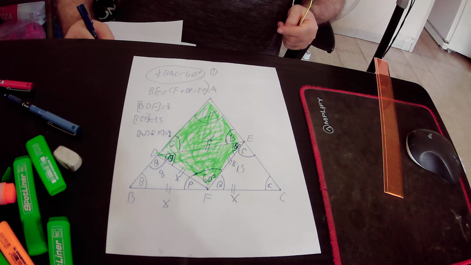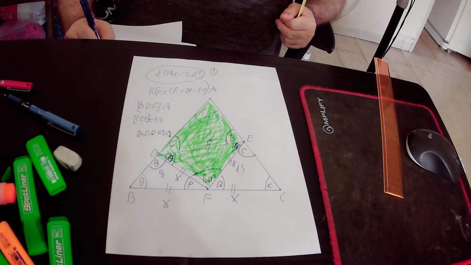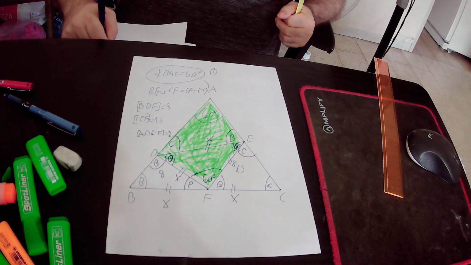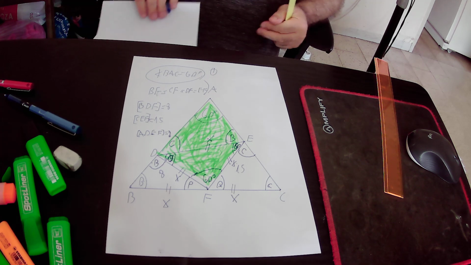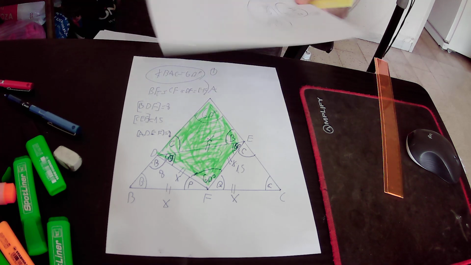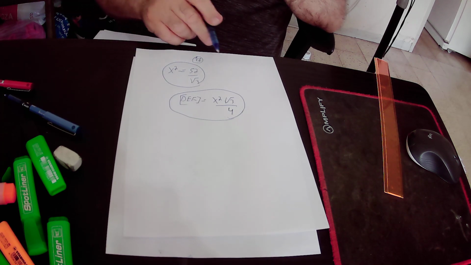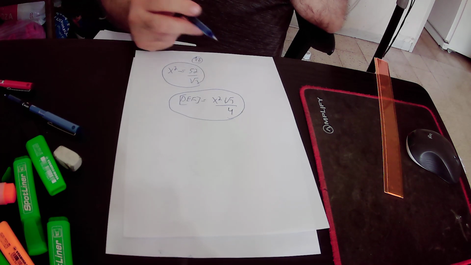X times x is x squared, times sine 60 is root 3 over 2, all divided by 2, and we already have 2 in the denominator, so 2 times 2 is 4. So the area of triangle DEF equals x squared times root 3 over 4.